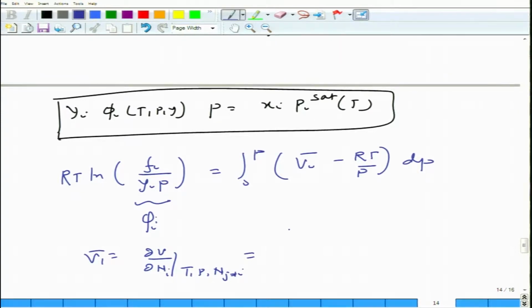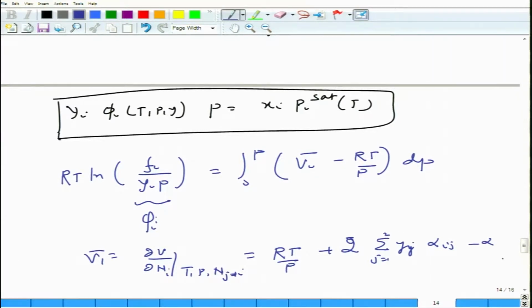Given this expression of compressibility, you can show, through a multiple-step derivation, that this is equal to 2 times the summation of y_j alpha_ij, j equal to 1 to 2, minus alpha.